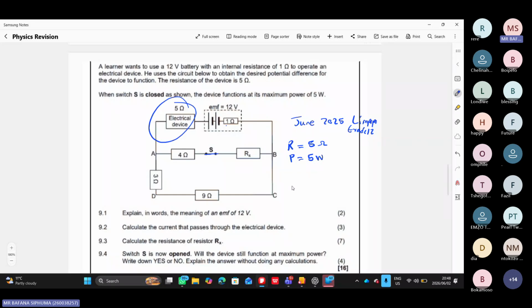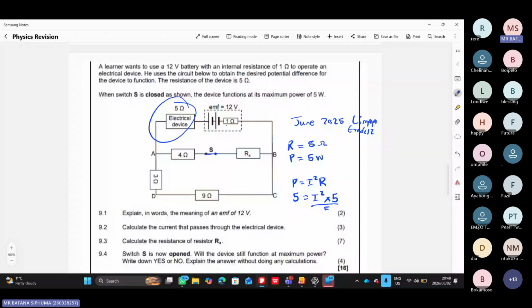So you can simply use the formula which says P is equal to I squared multiplied by R. What is your power? Your power is 5. What is your current? I don't know. You are looking for it. What is your resistance? It's 5.